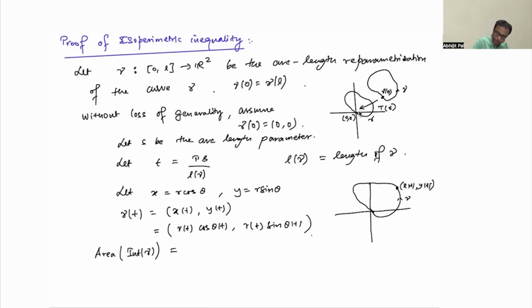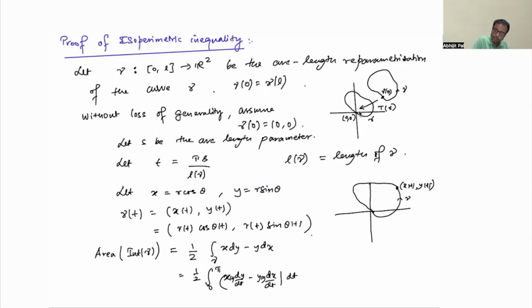This is equal to half of the integral of x dy minus y dx, which is nothing but half of the integral from 0 to pi of x dy/dt minus y dx/dt, dt.